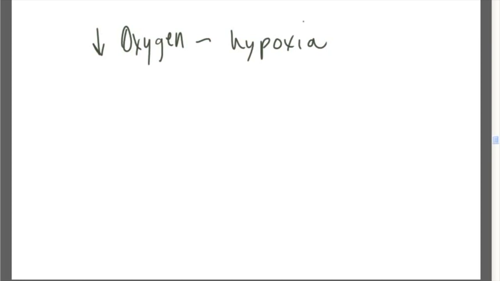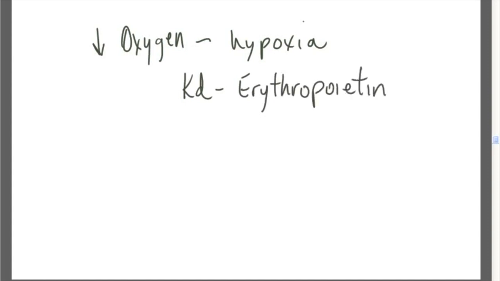Now this is cool. Your kidneys monitor your blood as it passes through there. And there's a part of the kidney that detects low oxygen. And the kidney releases a hormone, look at its name, erythropoietin. What does erythropoietin stimulate?